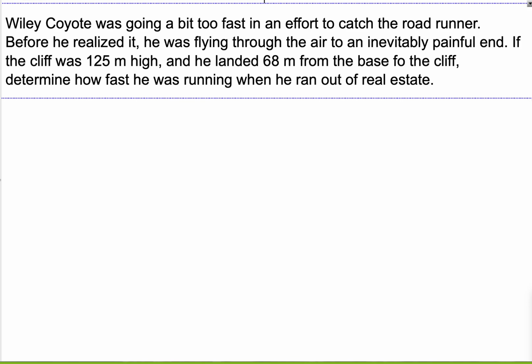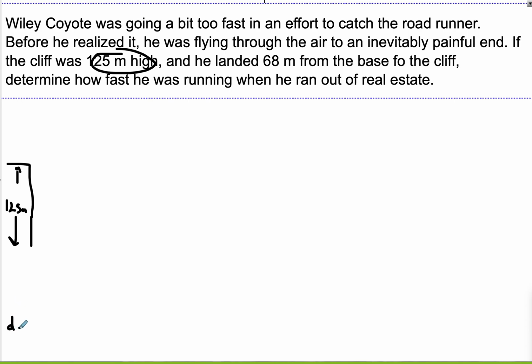So what it's saying is that the cliff is 125 meters high. I'm going to kind of draw this out just so I have an idea of what happened here. So Wile E. Coyote, he is on this cliff. This is a really high cliff. It's 125 meters. Now the height, this 125 meters, that's always dy.